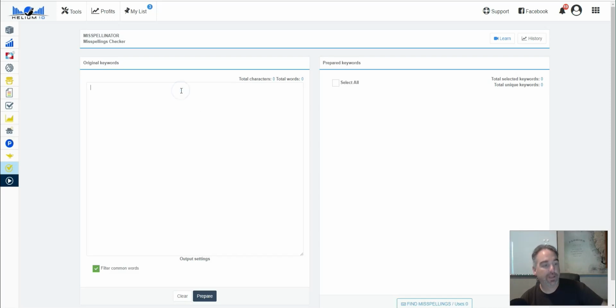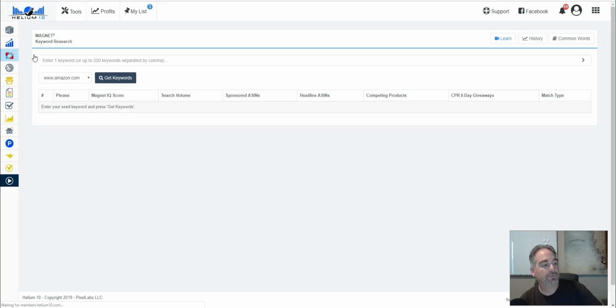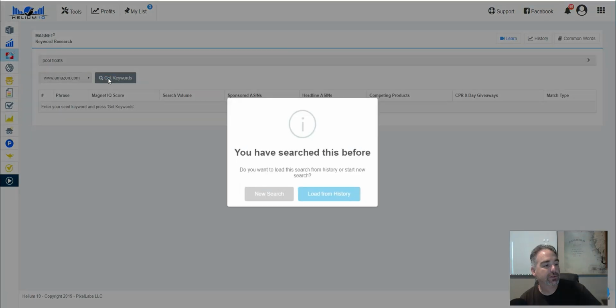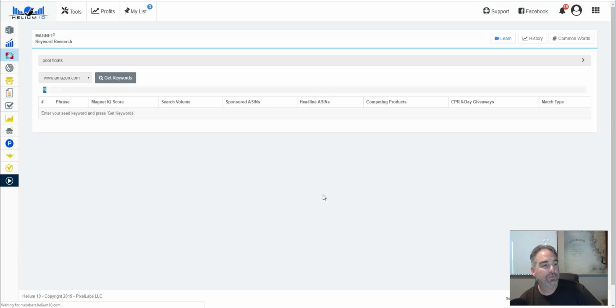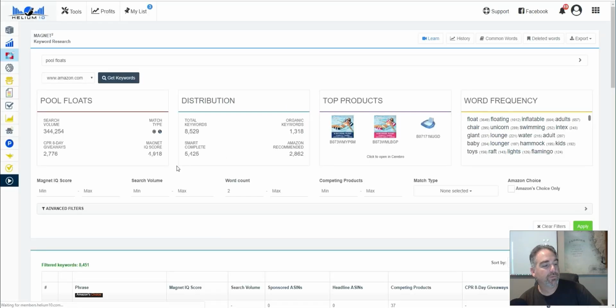But here's what happens. Let's jump over to Magnet first and let's run a keyword search once again for pool. Let's say you had a pool float and you wanted to rank for this keyword. Well, if we do our search and we load this from history, we're just going to pull the same information we pulled up earlier.